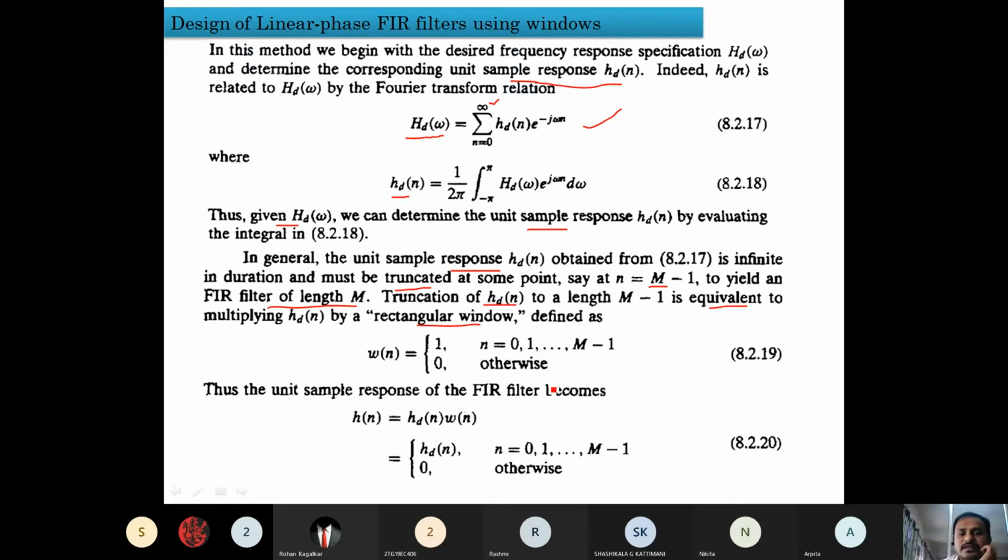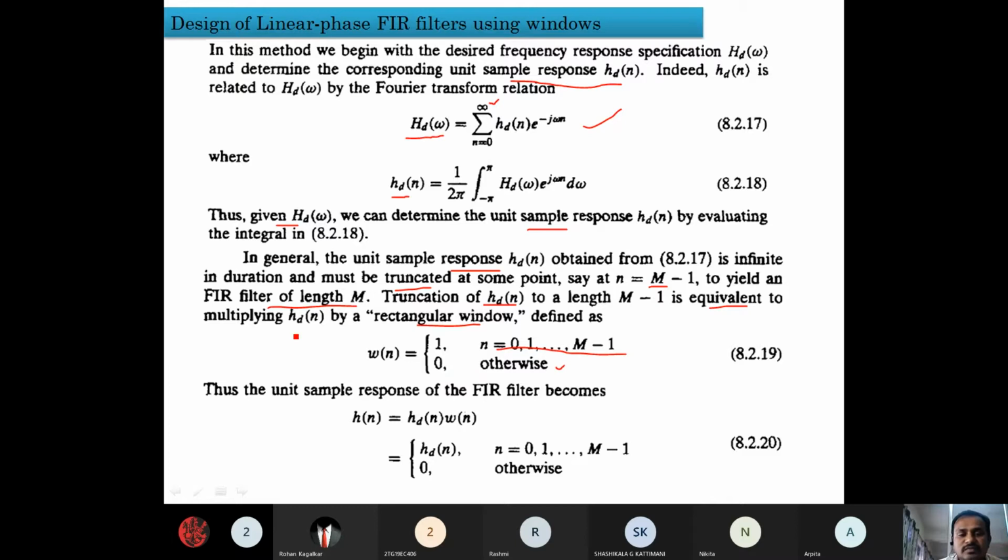So for the length m minus 1, hd of n is multiplied by w of n, which has the value 1 for the duration n ranging from 0 to m minus 1. It is a window. Outside that window, that is, below 0 and above m minus 1, it is going to give the result as 0.